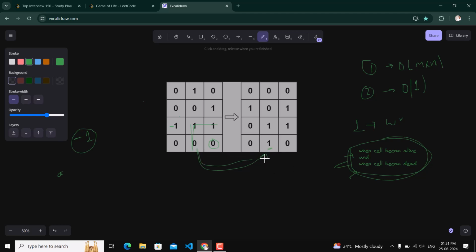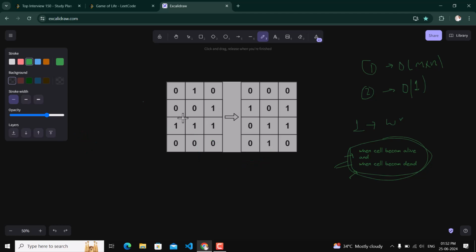Like this 0 became 1, we don't have to use this 1, we have to use this 0 only. While computing the live cells we are considering 1. So when a cell becomes alive, we can make this value anything other than 1, 0 and -1, like 2. So let's do some modification here only.